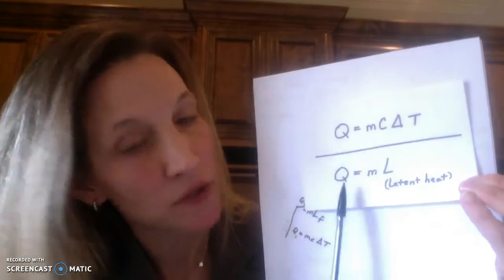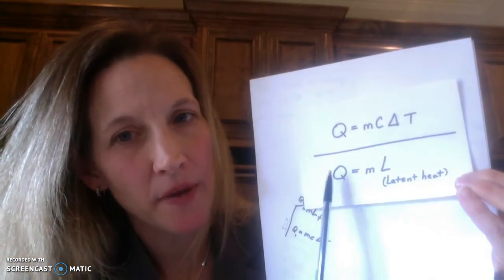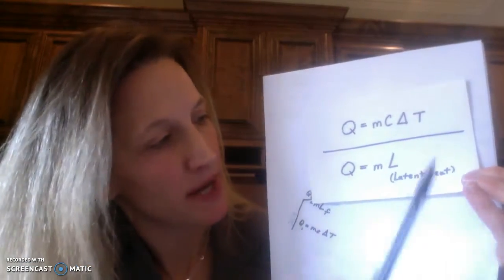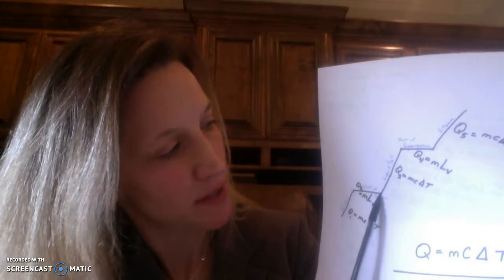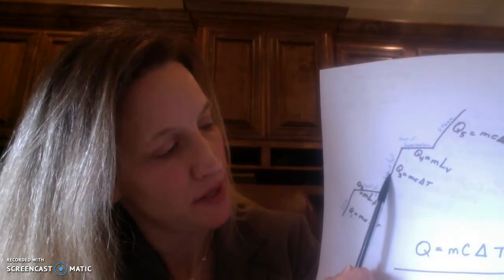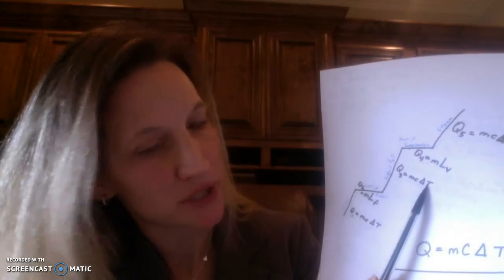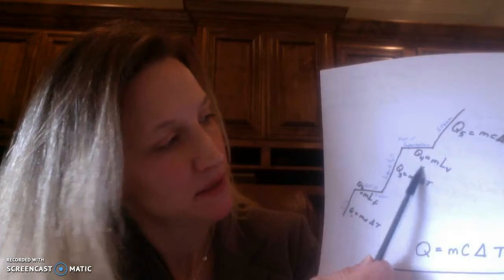And I'm going to have 2 phase changes in this problem. I'm going to change phase from my solid ice, stays the same temperature, changes into liquid water. My liquid water gets hot, MC delta T, I'm going to change my temperature to 100 degrees.